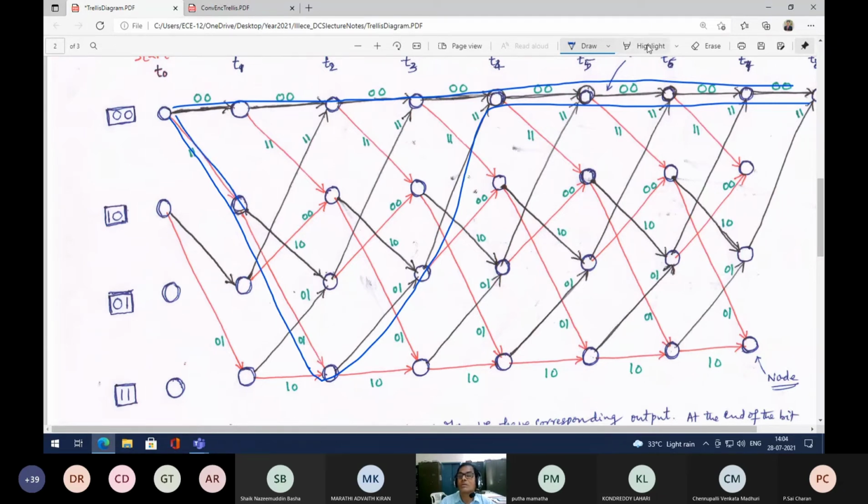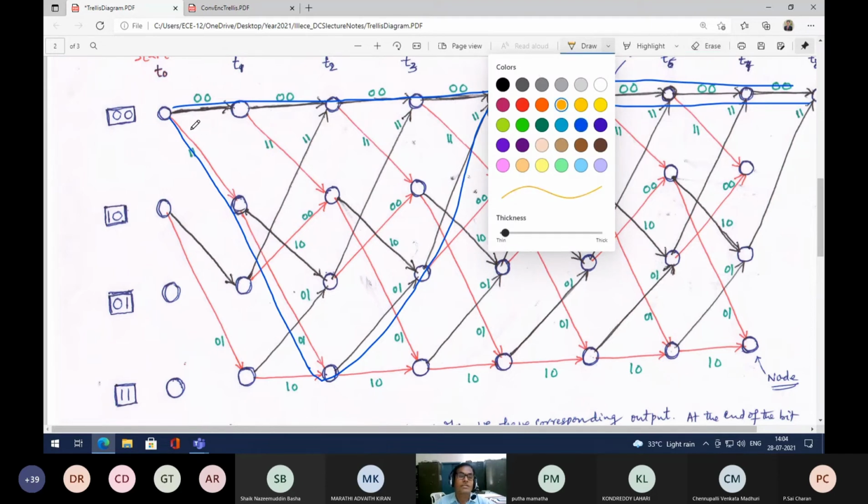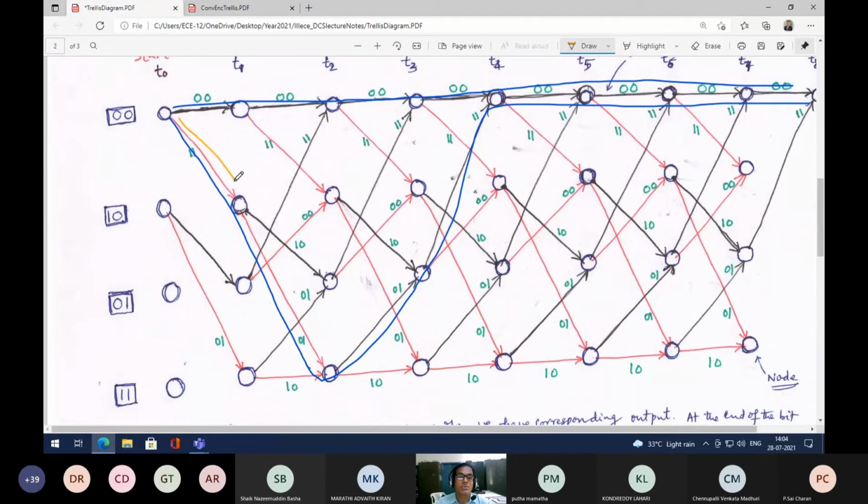So I'll draw with another color. Let us say another code word is, I'm drawing with the yellow color, not exactly yellow, okay, let us say this one, this one, this one, this one, and then this one, this one, this one.